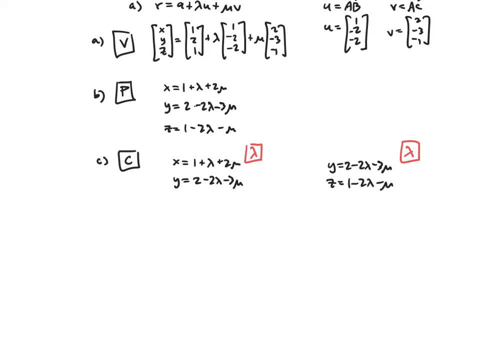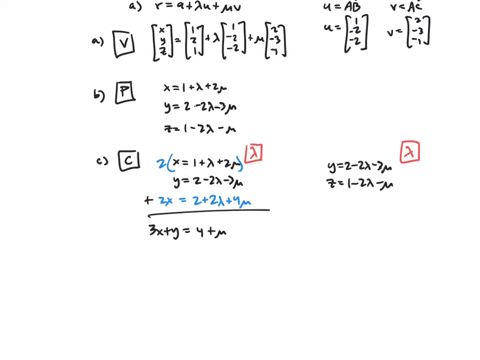Okay, so in order to do that, in the first, I'm going to multiply my x component by a positive 2. That gives me 2x is equal to 2 plus 2 lambda, exactly what I want, so I can eliminate that, plus 4 mu. Okay, I'm going to combine these two equations. With addition, that'll give me 3x plus y is equal to 4, lambdas reduce to 0, plus mu.